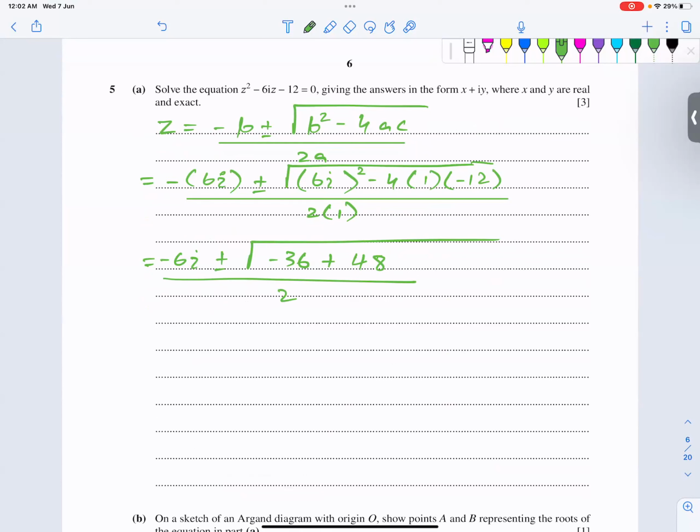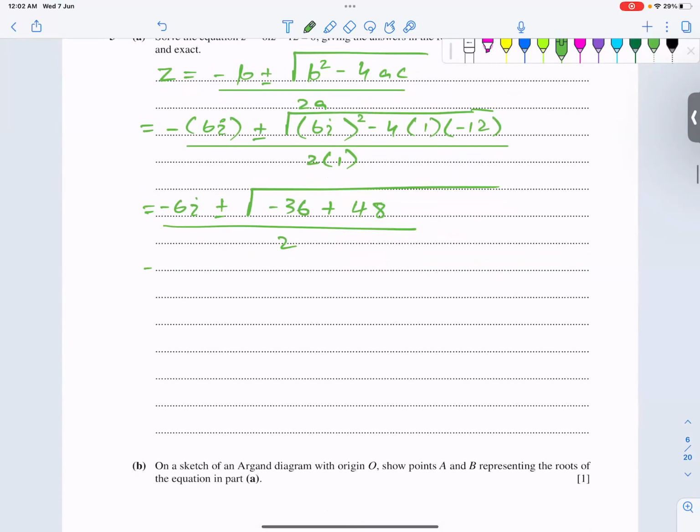So my final answer will be 6i plus minus the square root of 48 minus 36, which will be just 12, over 2.